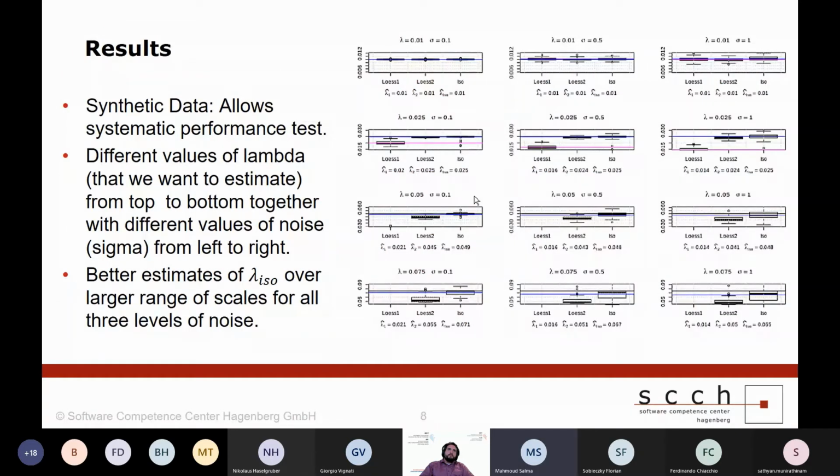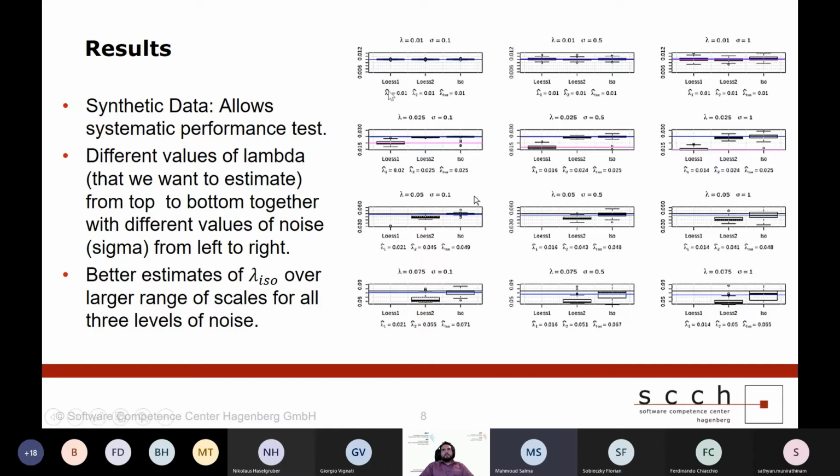So as for our results, we applied the algorithms over synthetic data to allow a systematic performance test. And here we have different values of lambda, which we want to estimate, from top to bottom. We produce the data with some additional noise, which we will call sigma, that differs from left to right.